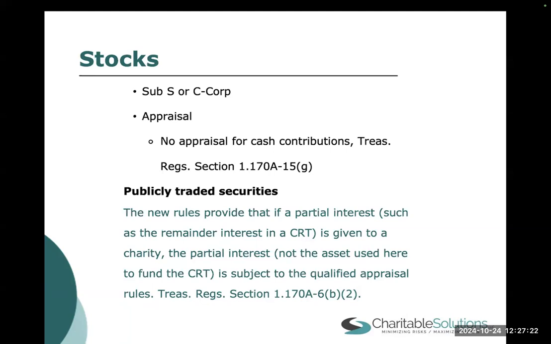One of the things he pointed out is that the regs in 2019 really changed some of the rules around the requirements for qualified appraisals. Generally, our back office is extremely familiar with these rules that most appraisers and most advisors across the country aren't even aware of, the types of statements that the appraiser has to make inside the appraisal.